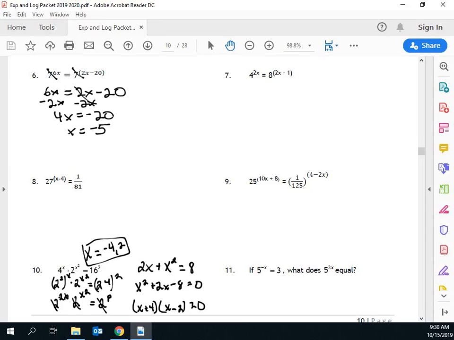All right, let's finish off with number 11. If 5 to the negative x power equals 3, what does 5 to the 3x power equal? How do you think we do that? Kayla, anything?